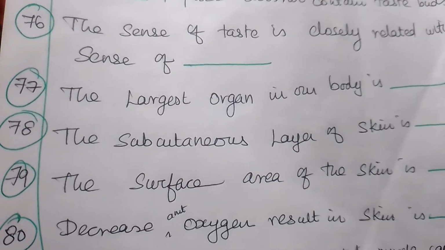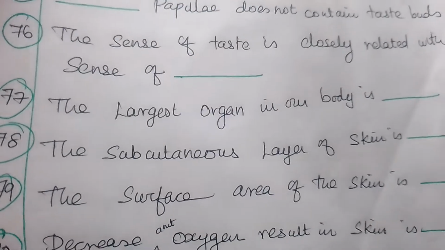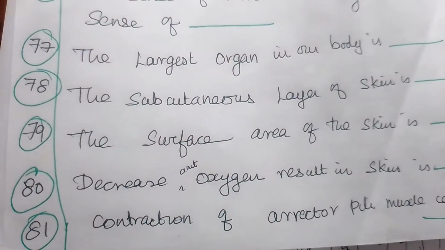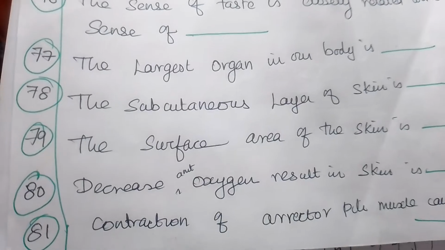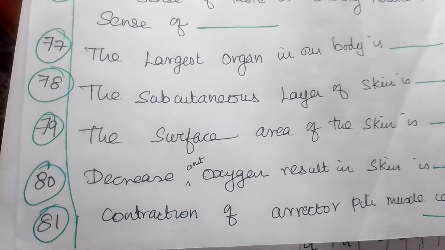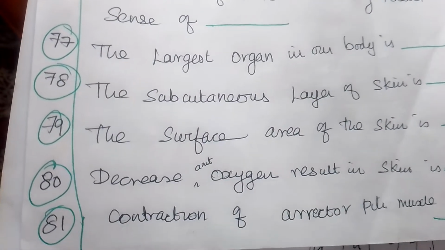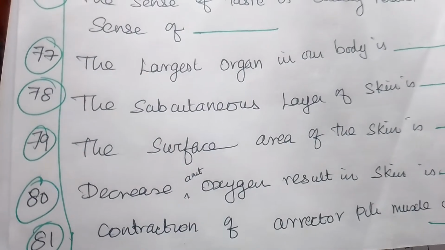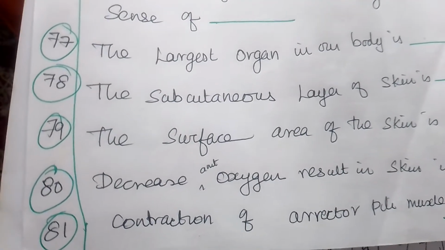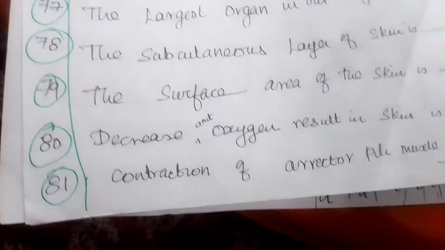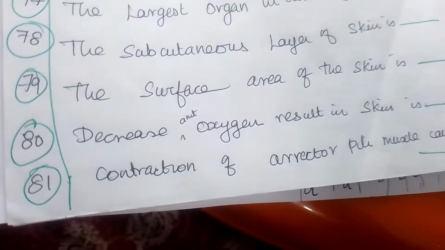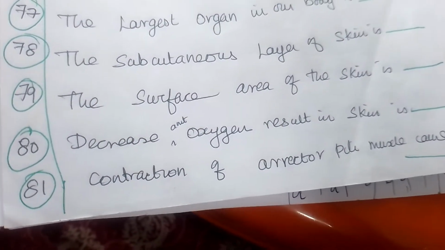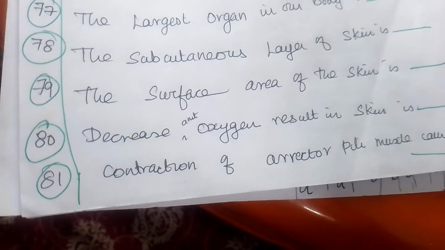The largest organ in our body is skin, right? The subcutaneous layer of the skin is the hypodermis. The surface area of the skin is 1.5 to 2 meter square, not a millimeter, it is a meter square.